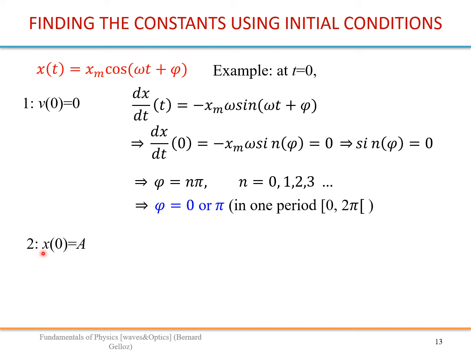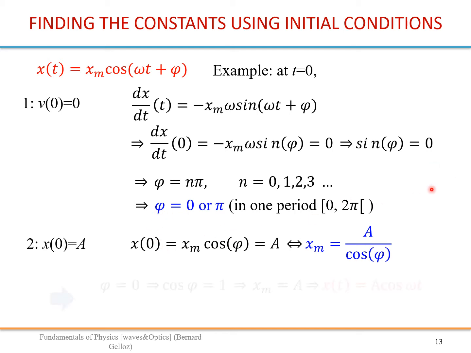Let's look now at the second equation. So x of 0 equals a. So this will disappear again, and we have this equation. We can extract xm, so it's a divided by cos phi. So we have cos phi here, and we have two possibilities for phi. So let's first look at phi equals 0.